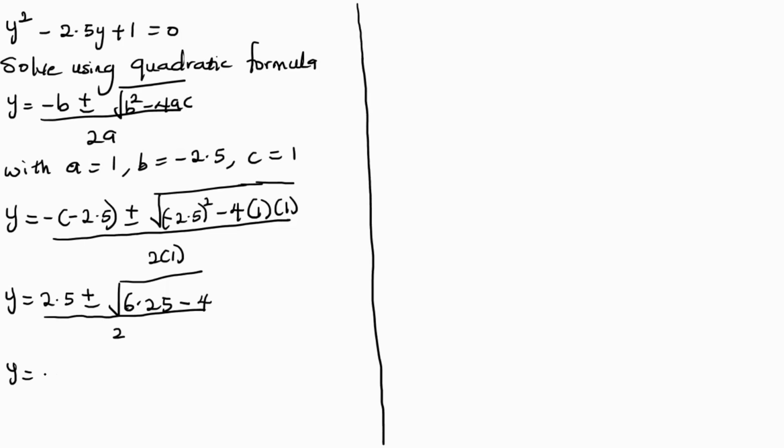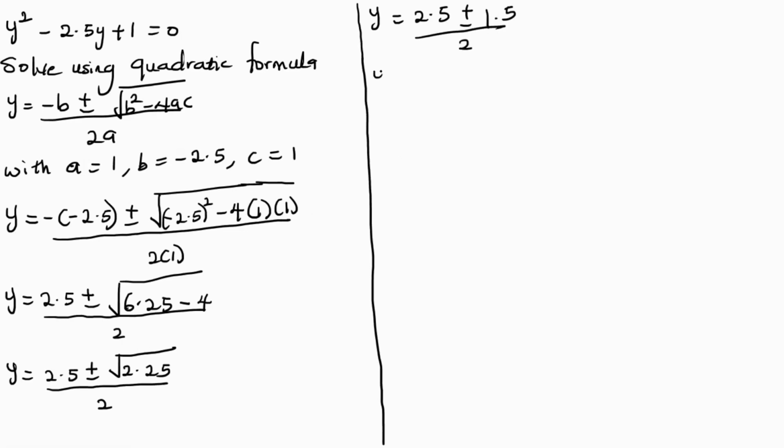So y is equal to 2.5 plus or minus the root of 6.25 minus 4, which gives 2.25, over 2. And from this, we have y is equal to 2.5 plus or minus the root of 2.25, which is going to give us 1.5, over 2.